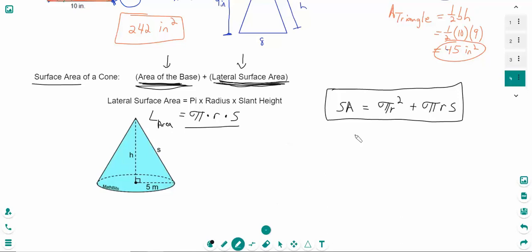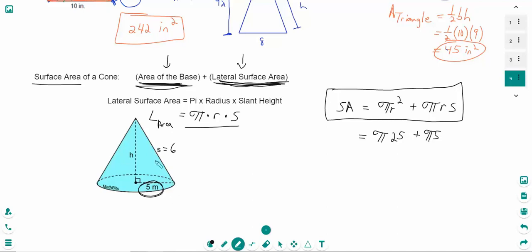Okay, so surface area equals pi. Now, what's the radius of the base here? The radius of the base is this number right here, right? 5. So we have 5 squared, which is going to give us 25, plus another pi, r, which we already said was 5, and then s. And s they're going to have to give you. So let's say that s is a 6.